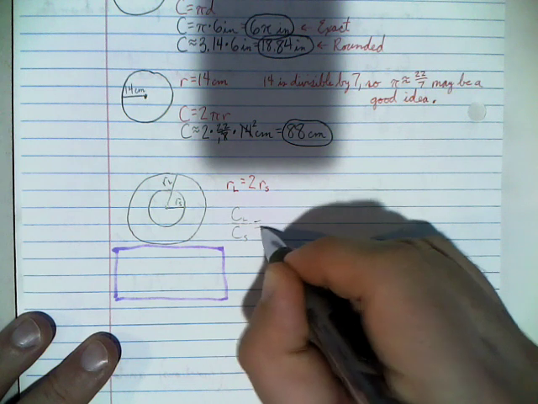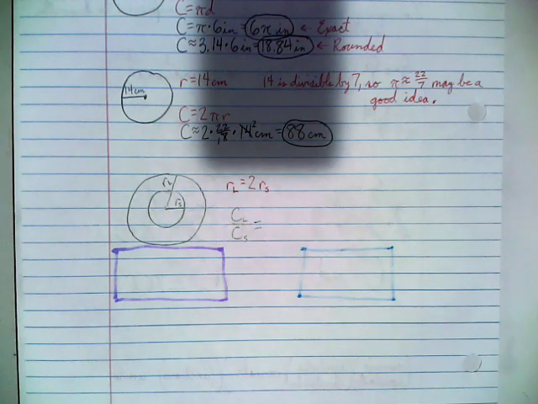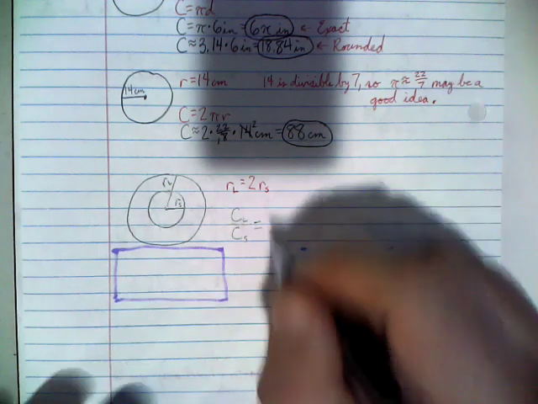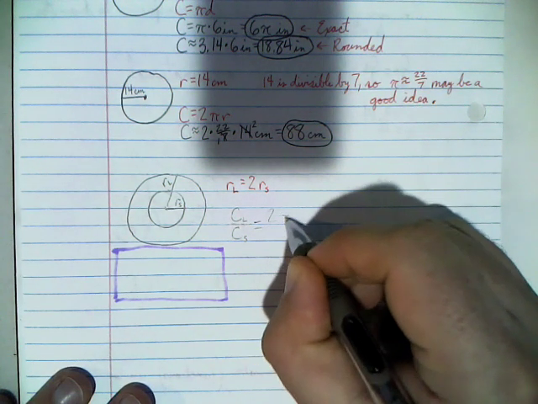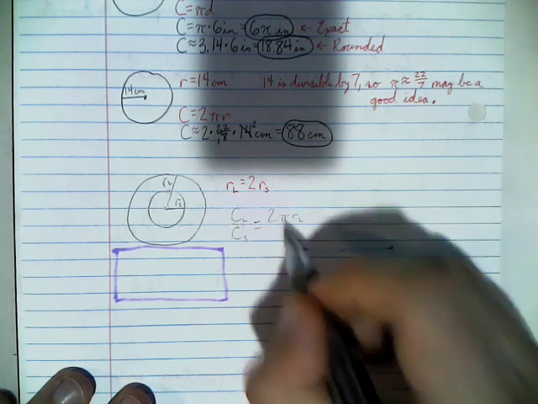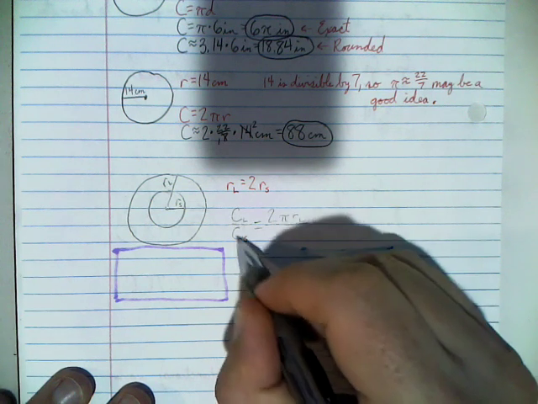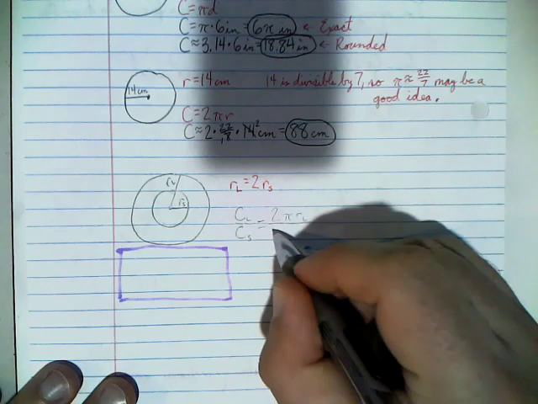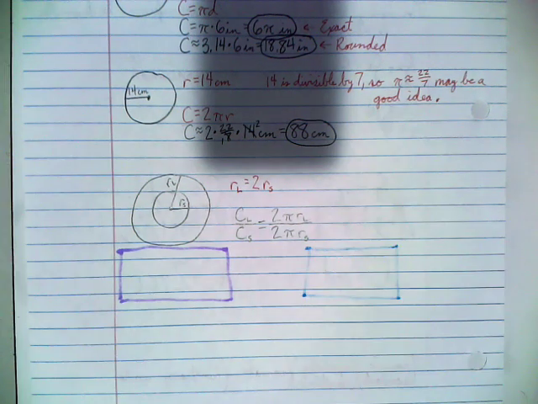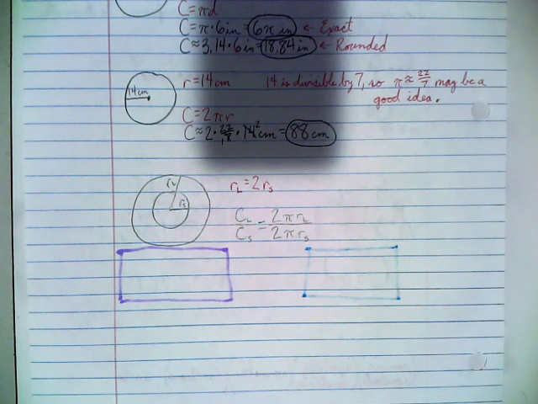Now, if we want to simplify this and see what the ratio of their circumferences is, let's apply what we know. Circumference is, in this case, because we have r, 2 pi r. So for the larger circle, that's 2 pi, and its radius is R sub L. For the smaller circle, its circumference is also 2 pi, but its radius is R sub S.